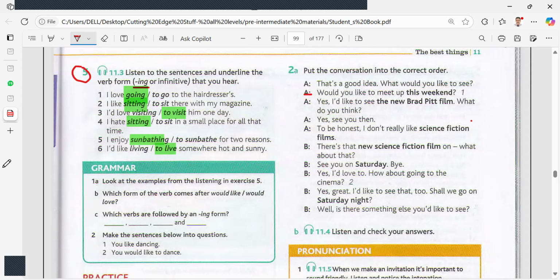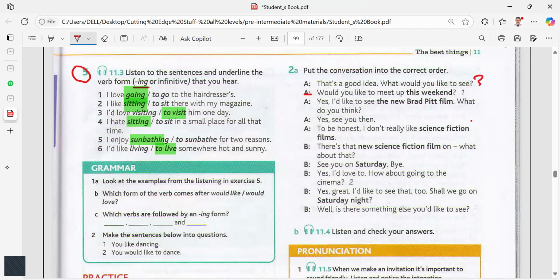Yes, I'd love to. How about going to the cinema? Okay, that's a good idea. What would you like to see? Well, is there something else? There is that new science fiction film on.